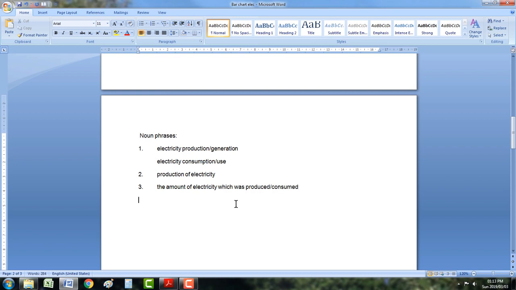Now, let me just point out a very common mistake. People don't know how to make this verb from this noun. They say producted and consumpted, and that's wrong. Please know how to make these past tense verbs, the ed verb, from that. Produced and consumed. Great.